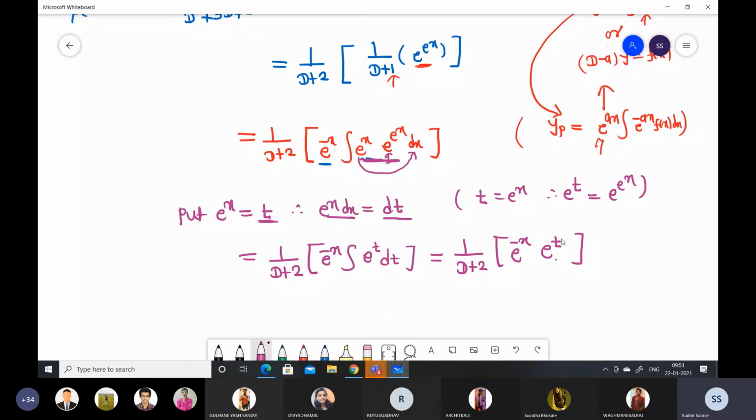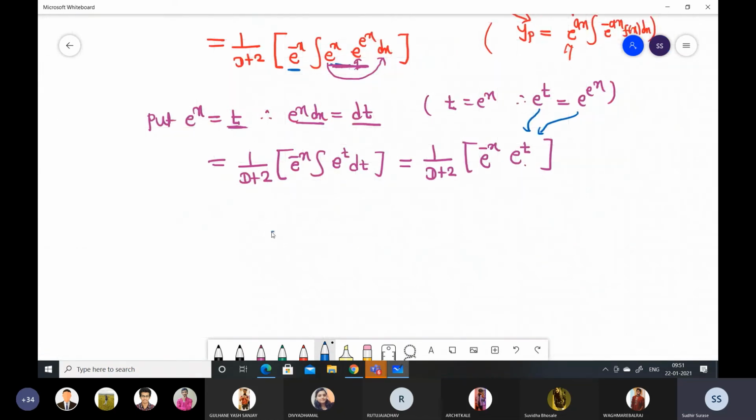Okay, and now back substitute this value. So e to the power t can be substituted as this term here. So therefore this will be further 1 upon d plus 2 e to the power negative x, and after back substitution we have this term as e to the power x.